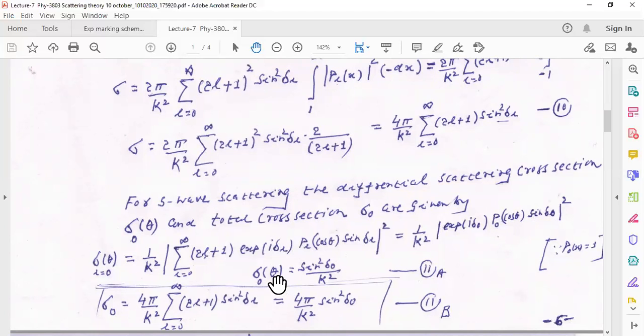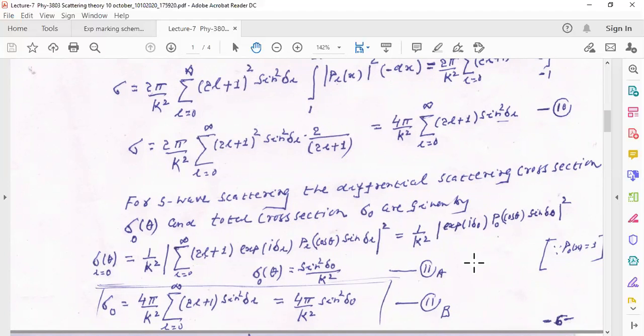So what is the value of sigma 0 of theta? The mod of exponential of i delta 0 is basically e to the power of i delta 0 into e to the power of minus i delta 0.